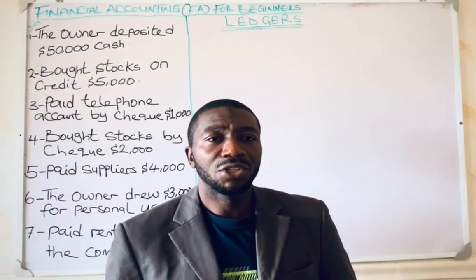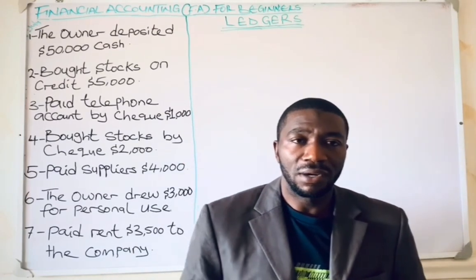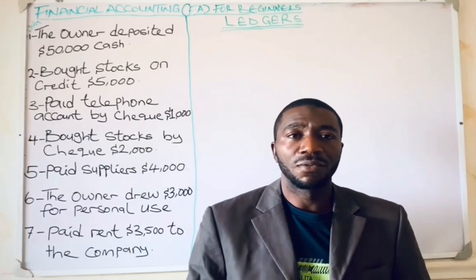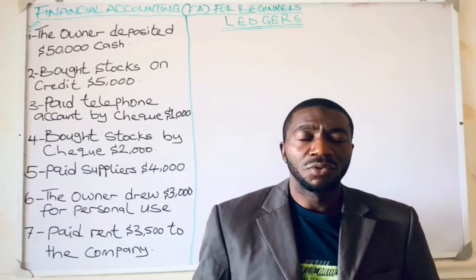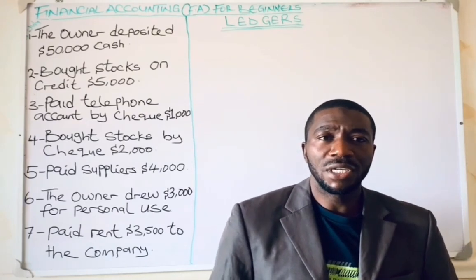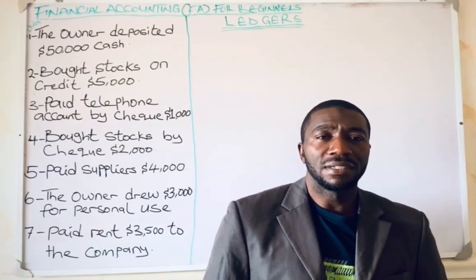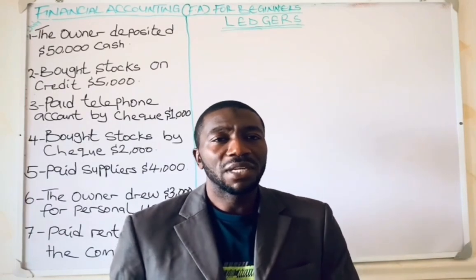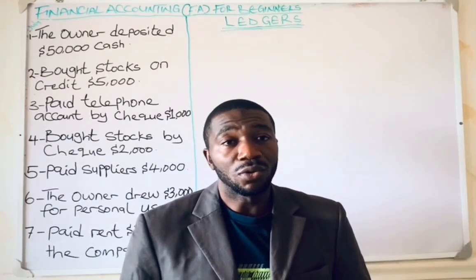So a ledger is just a T account that records the transactions or accounts from the journals. You can record your ledger directly from the initial transaction, but the effect is you might not know whether you have made a mistake in your entries or not.